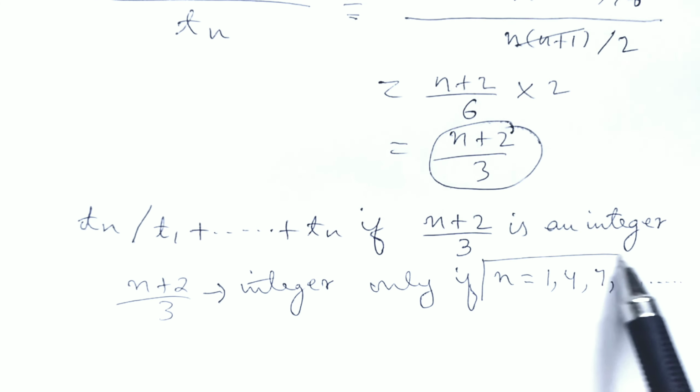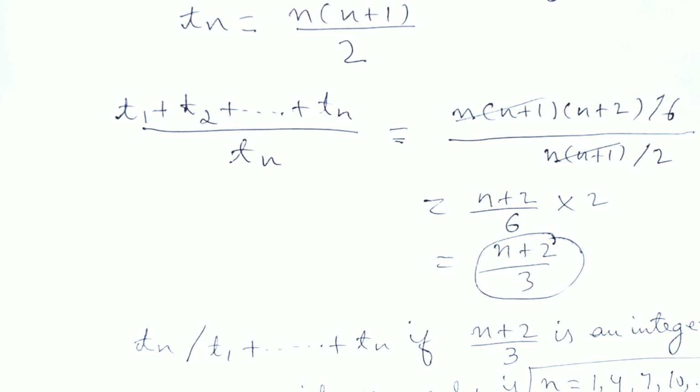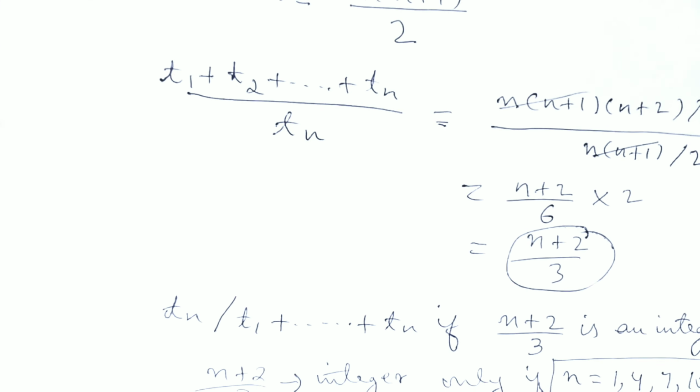So these are the values of n for which Tn divides T1 plus T2 plus ... plus Tn. Now let's come to the next question.